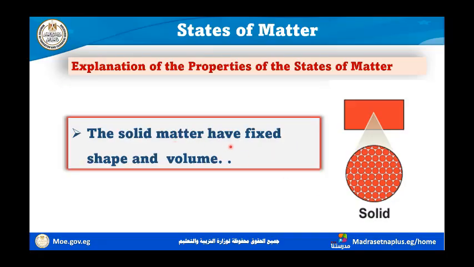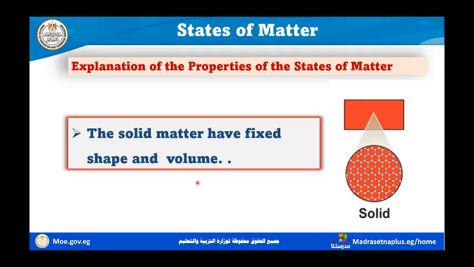So the solid matter has fixed shape and fixed volume. If I asked any student why the solid matter has fixed shape or fixed volume, you will answer this question by saying the attraction forces are very strong in the solid state.